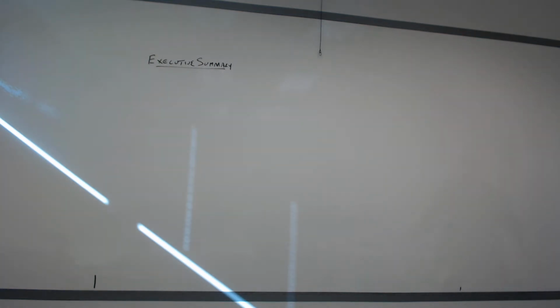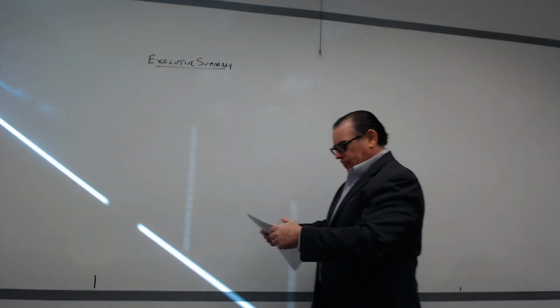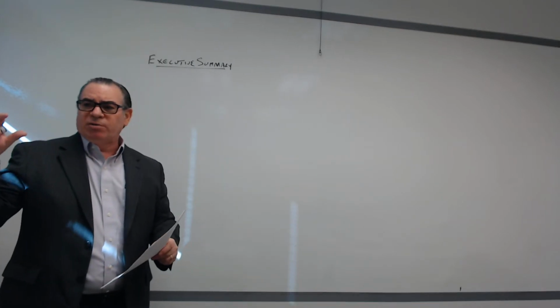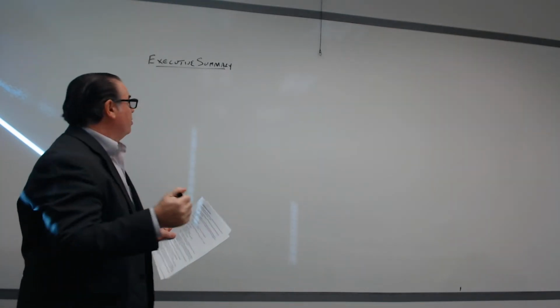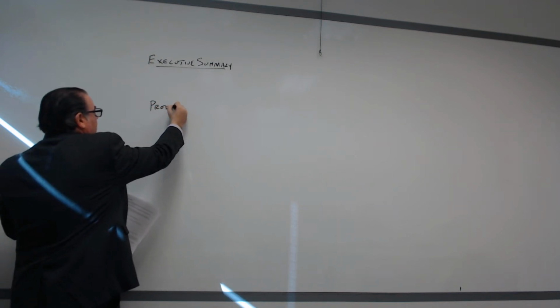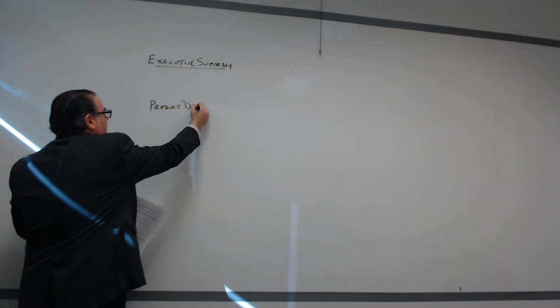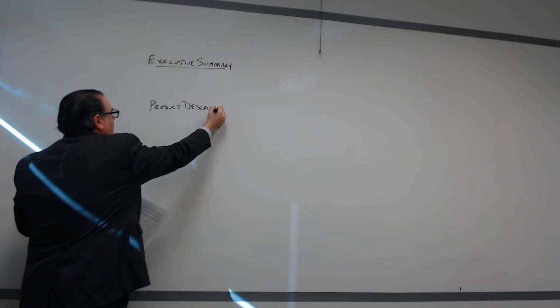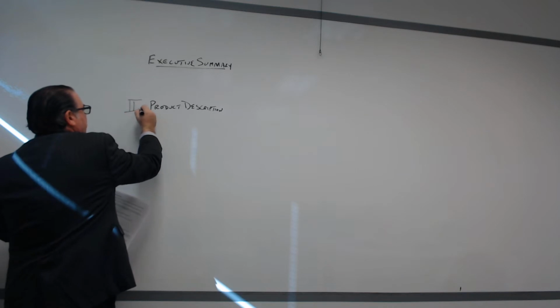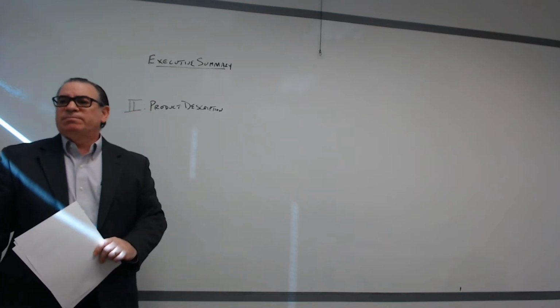Let me show you this. Okay, so we're going to go through the most important parts of the plan. One would be your product description over here. So let's call that section 2, your product description.